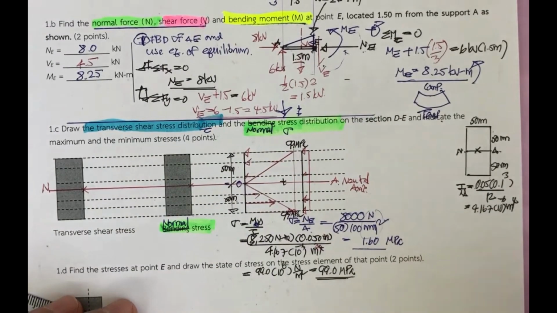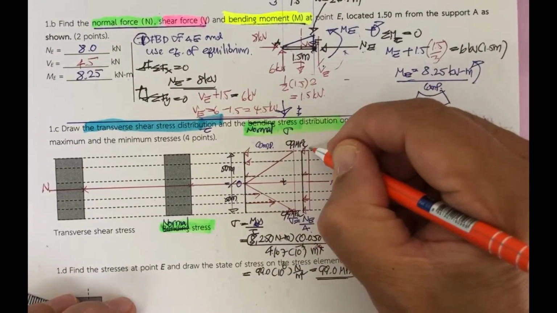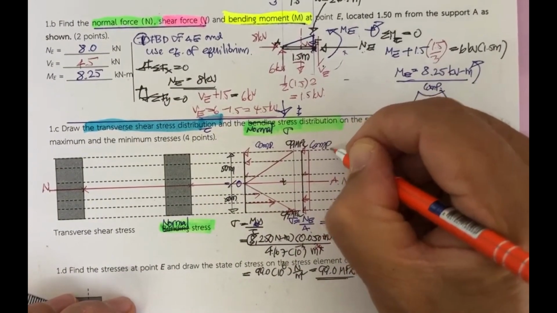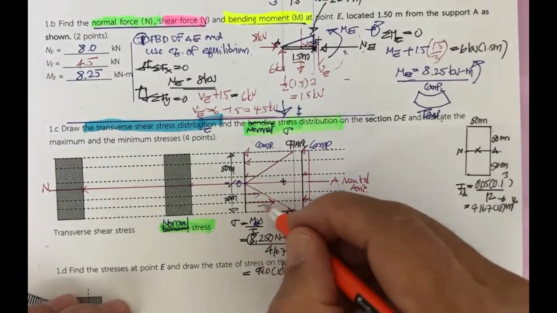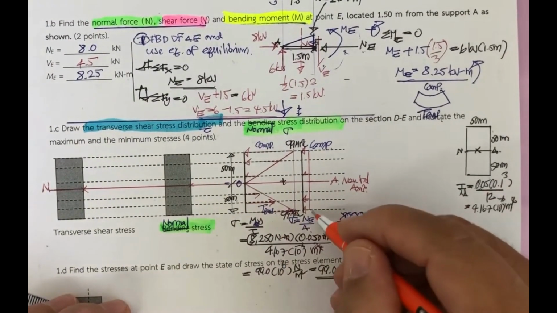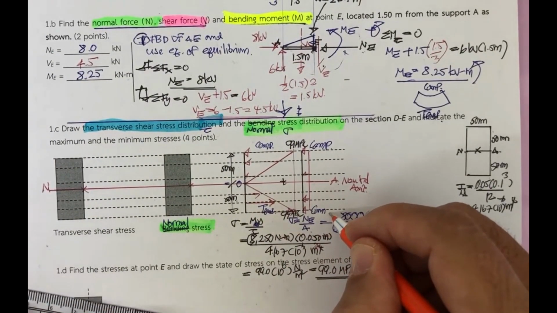Okay, and this is what? This is compression. This is also in compression. So it's going to add up. So this one is in tension. However, this one is in compression. This one will be reduced.